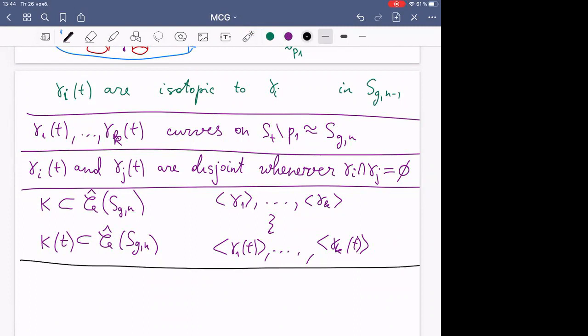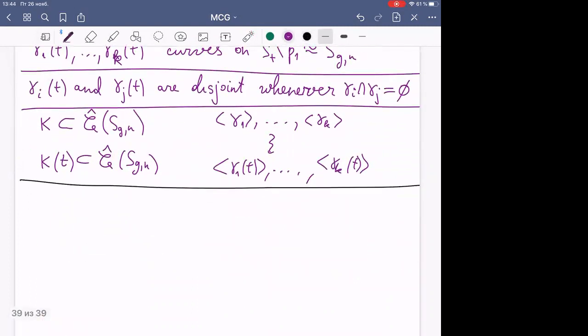Suppose we have this P1 times I, and at some moment it intersects transversely some cylinder A_i, and we look at this only locally. What is happening here? Locally, we have the following picture.